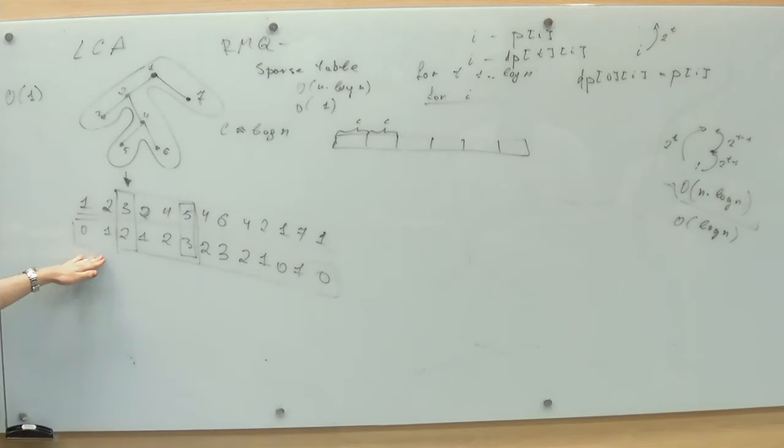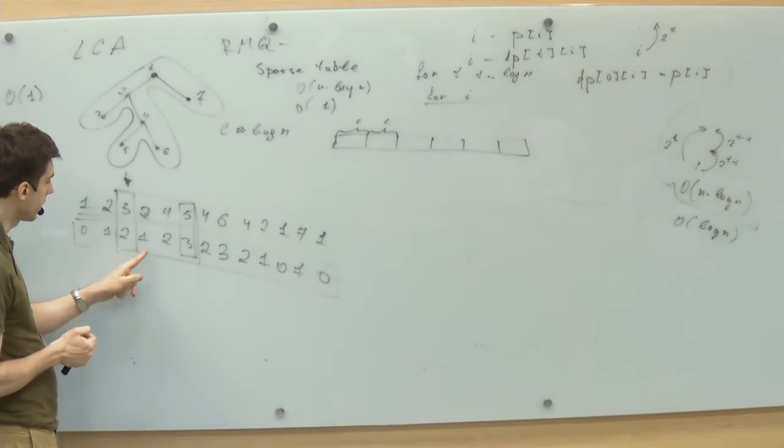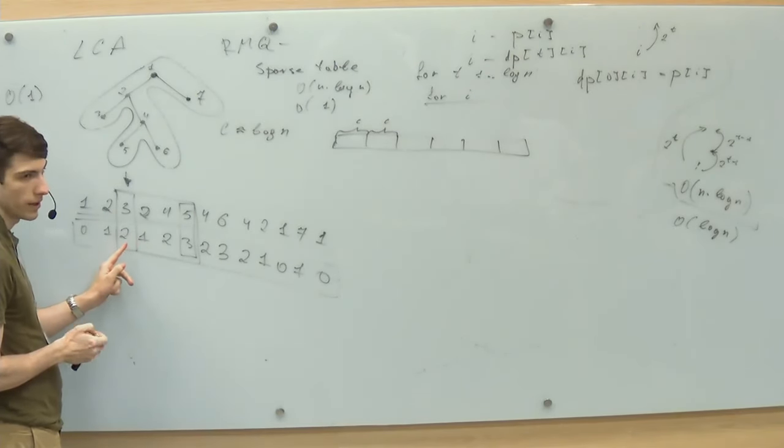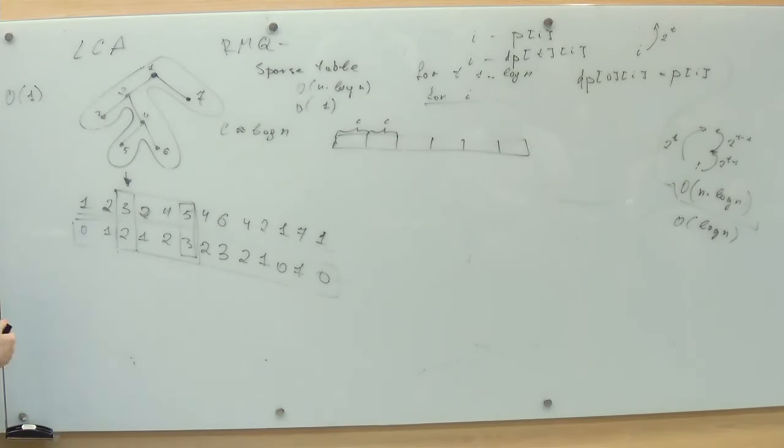It is not just some RMQ problem with random data. You can notice that every element in this array is either previous plus 1 or previous minus 1. So we can use this.